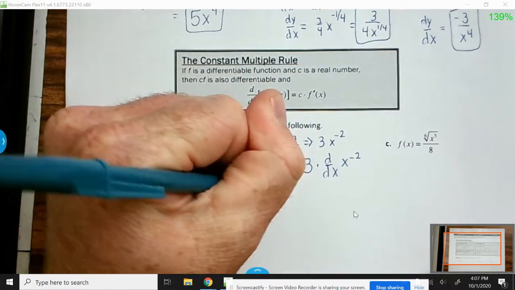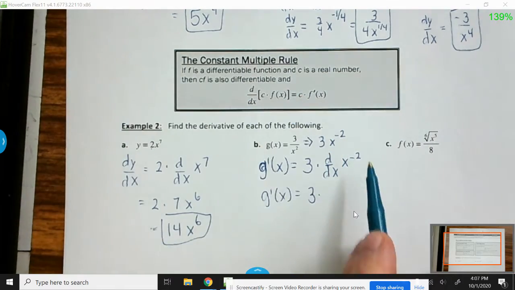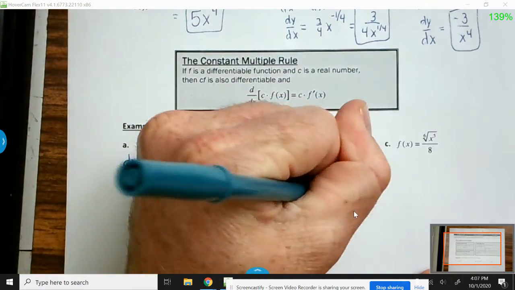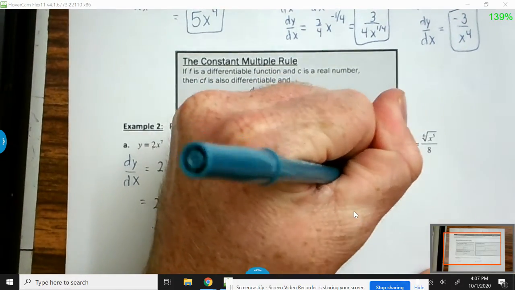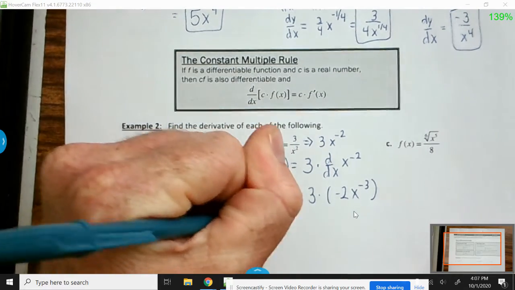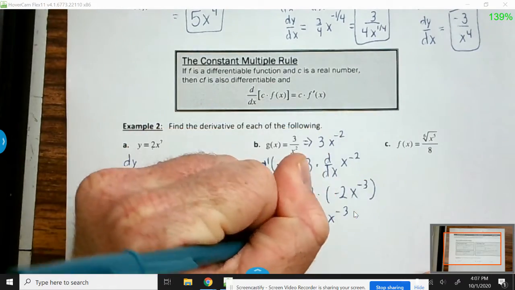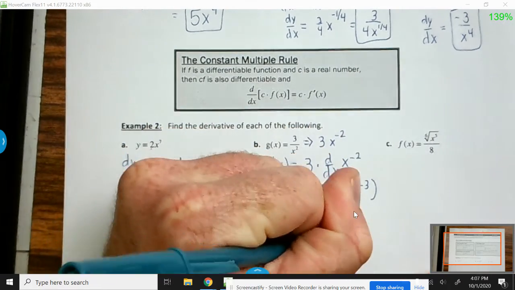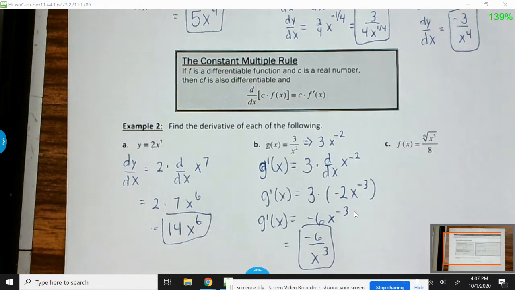So that would become 3 times, well, I take the negative 2 and I write it out front, negative 2. Then I take x to the negative second, I drop it down 1 to negative third, and that would become negative 6x to the negative third, or I will rename it negative 6 over x to the third, right? All right, does that make sense?